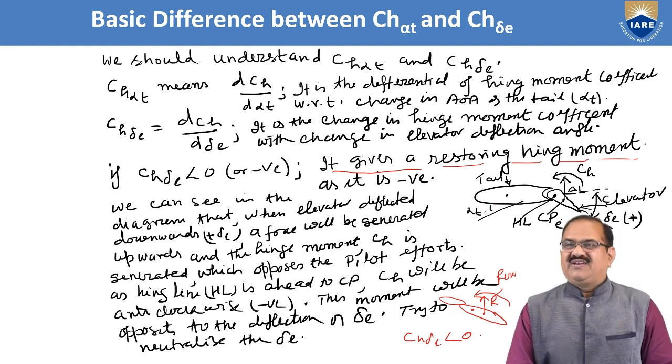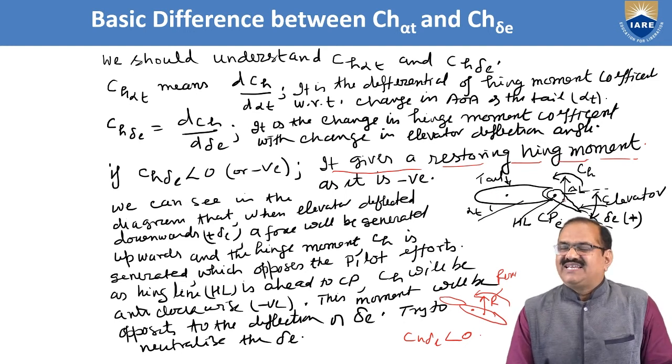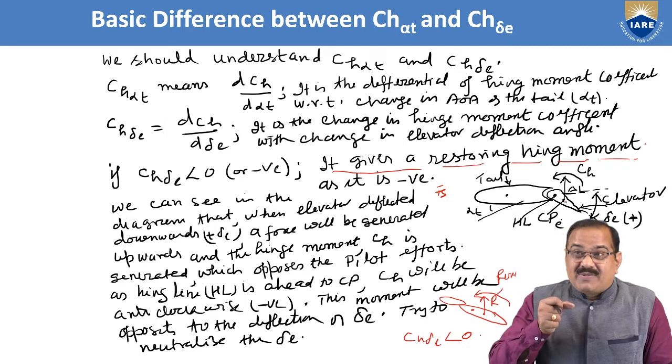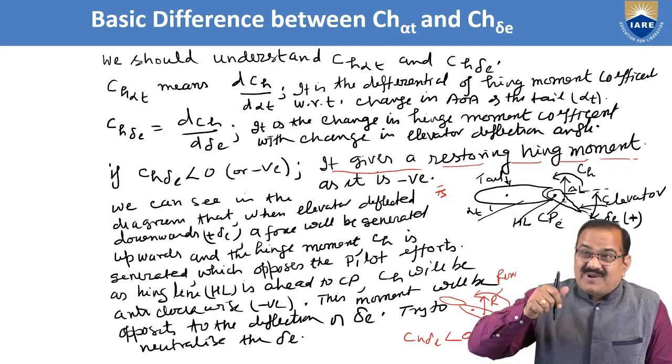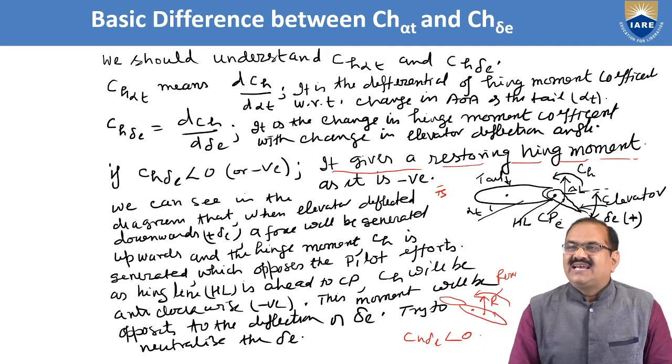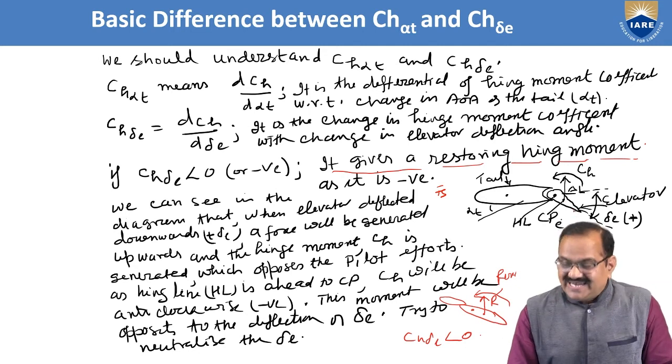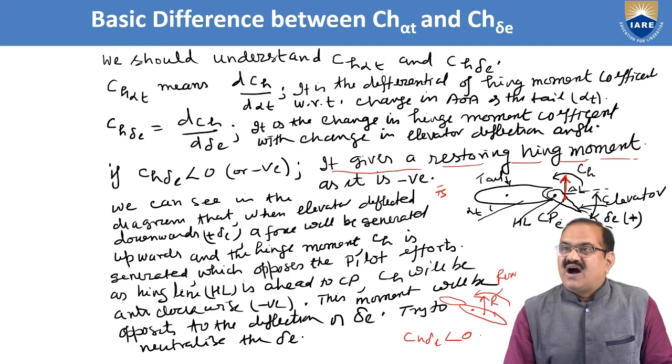What is the meaning of this? This is your tail, and this is your elevator. The pilot has applied a force Fs so that it has deflected downwards. So he has to apply a push force, and it has come down. As it has come down, the angle of attack has increased and it will generate additional lift force upward.